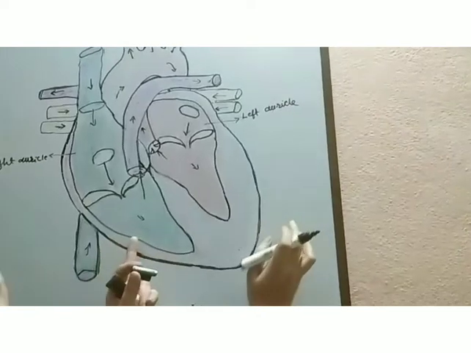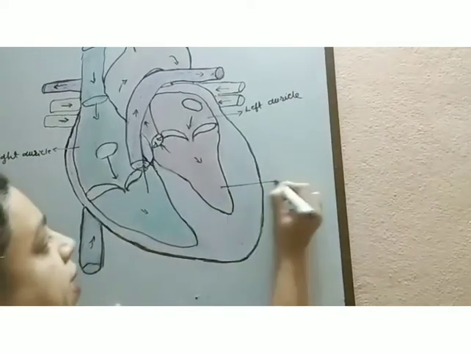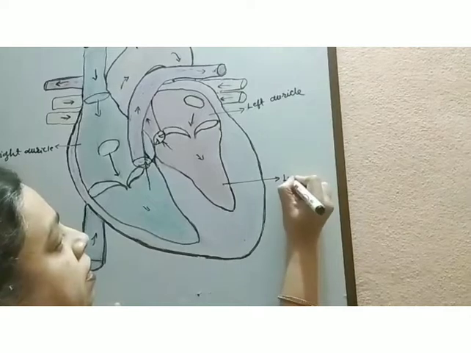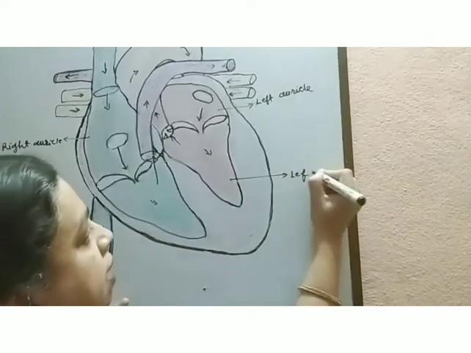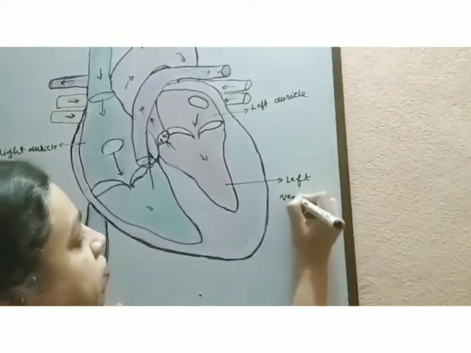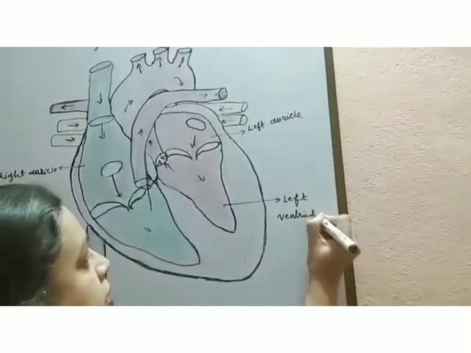The lower two chambers of the right and left side are known as ventricles. So these are the right and left ventricles respectively.